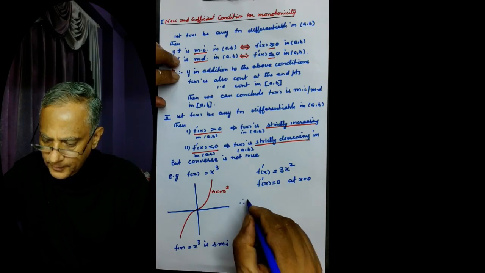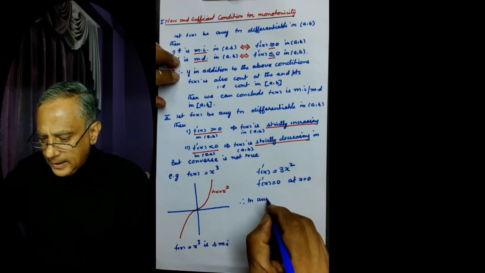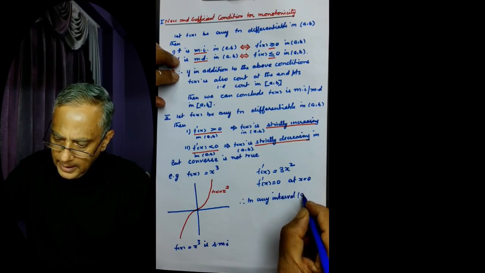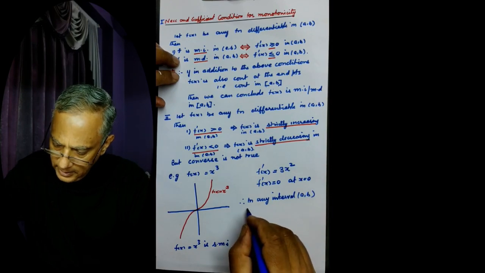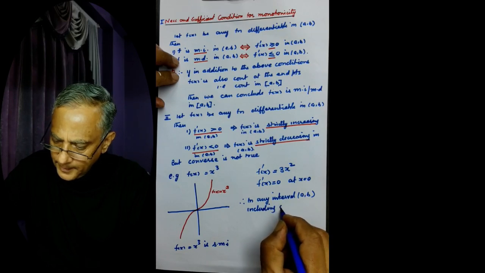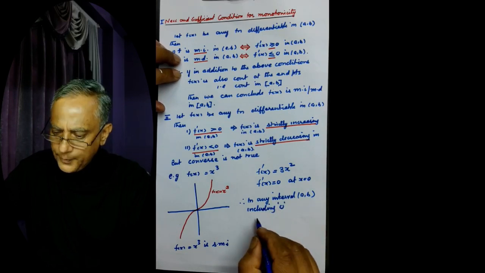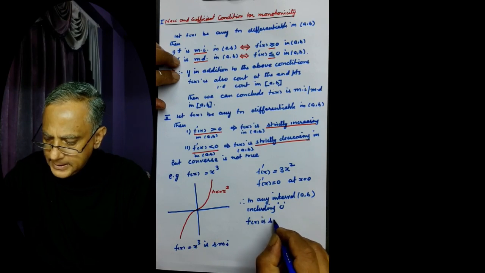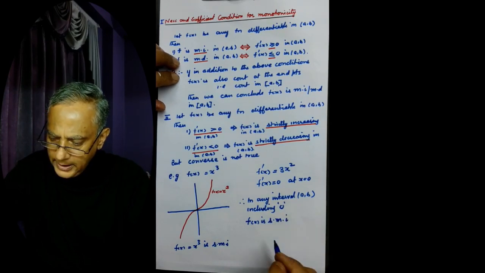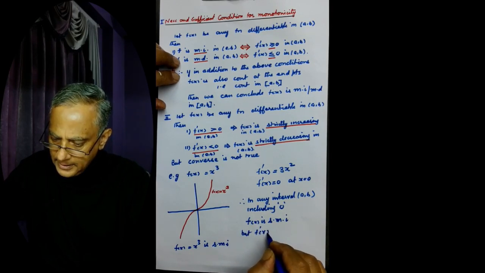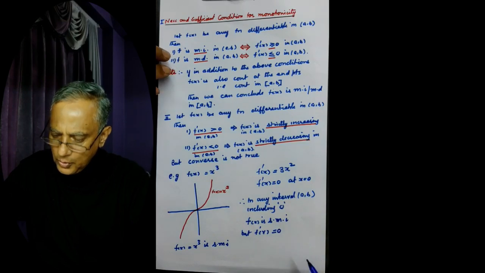Therefore, in any interval (a, b) including 0, f(x) is strictly monotonically increasing, but f'(x) is also equal to 0.